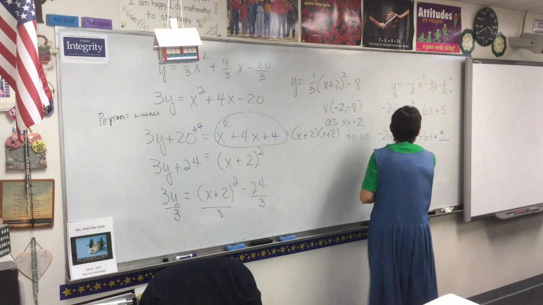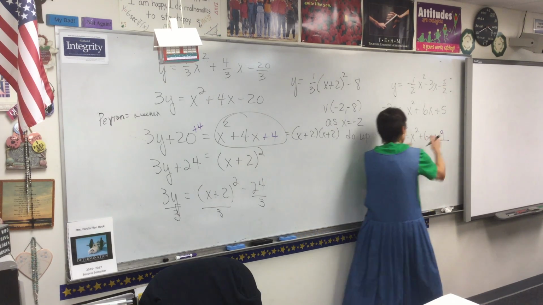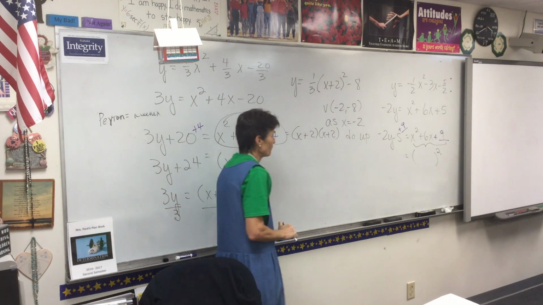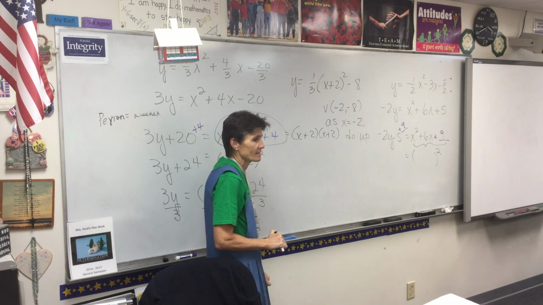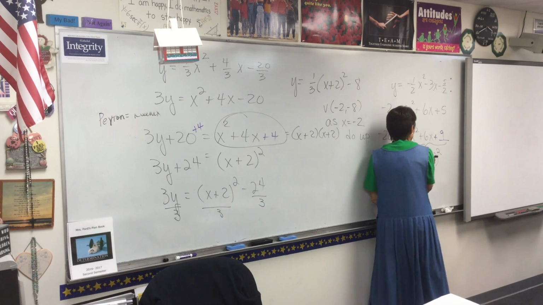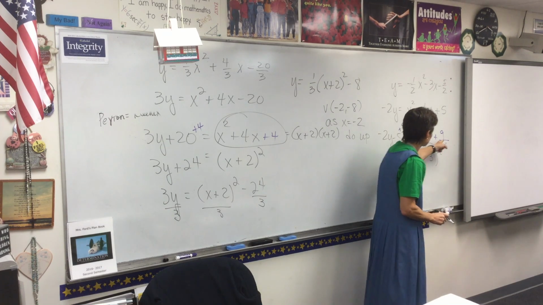Now this gets factored into a perfect square. So these 3 terms get condensed into a perfect square. What is the perfect square for x squared plus 6x plus 9? X plus 3.